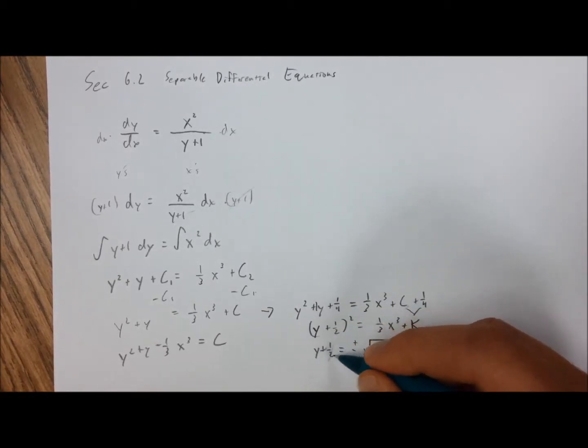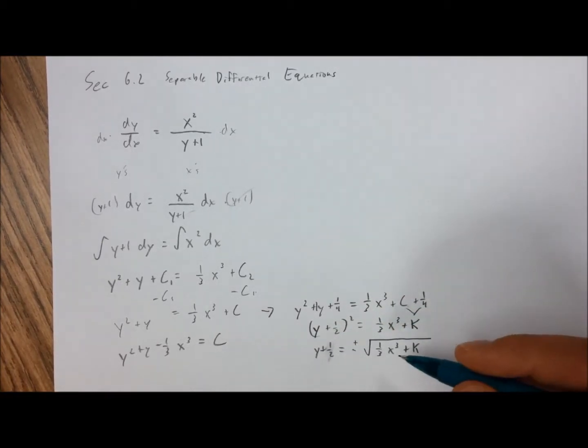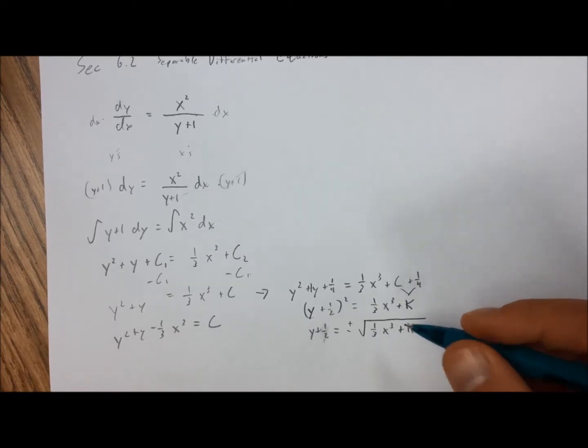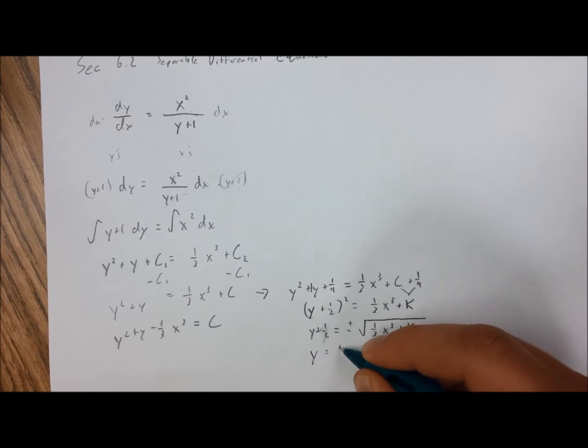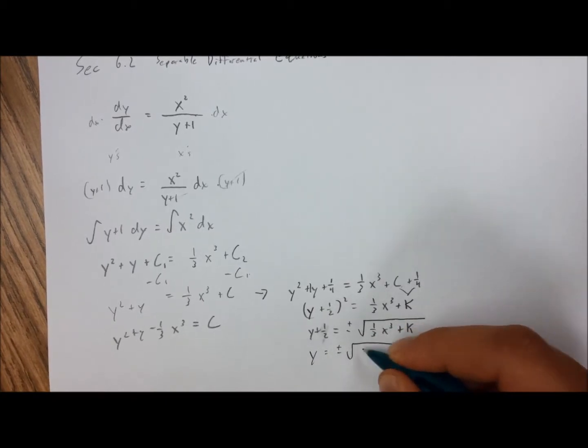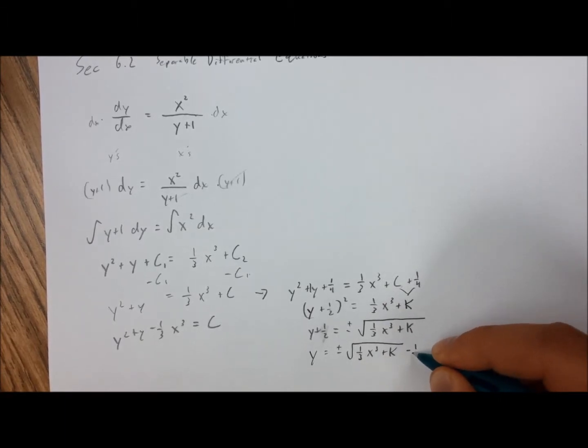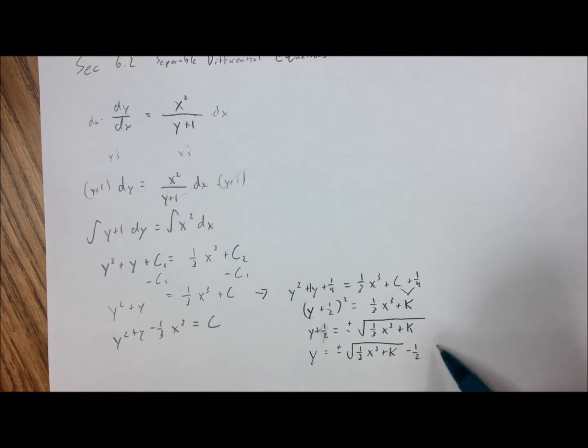Then I'm going to add 1/2 to both sides. y is equal to plus or minus the square root of 1/3 x cubed plus k minus 1/2. So that's a way I could solve for y if I needed to.